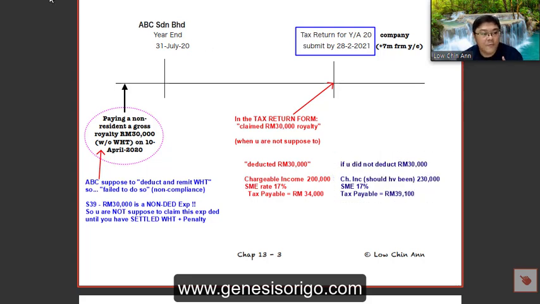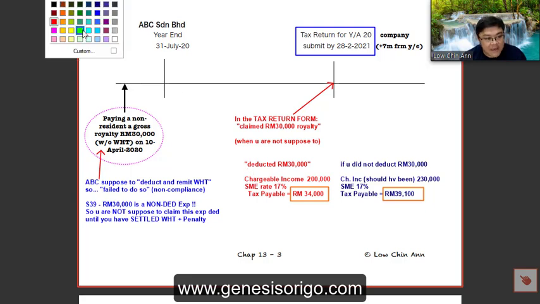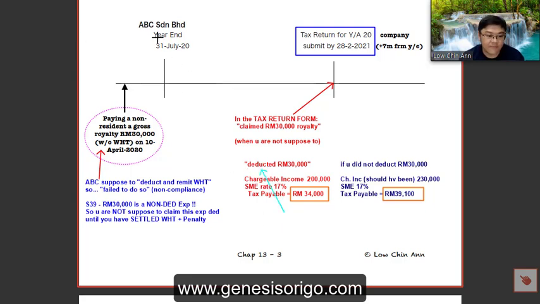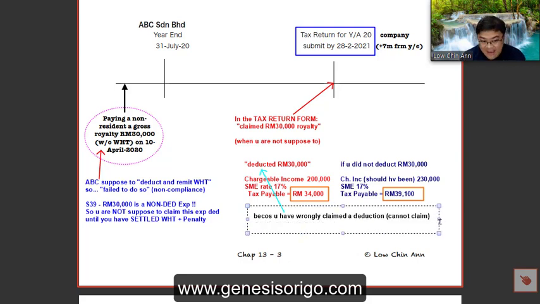Now, what the government is arguing with you is this. The government says, because you have wrongly claimed an expense, because you have wrongly claimed a deduction that you cannot claim, you have understated your tax by how much?